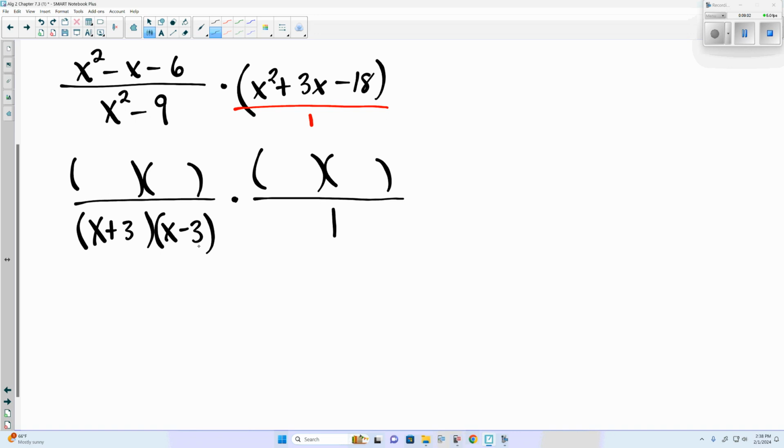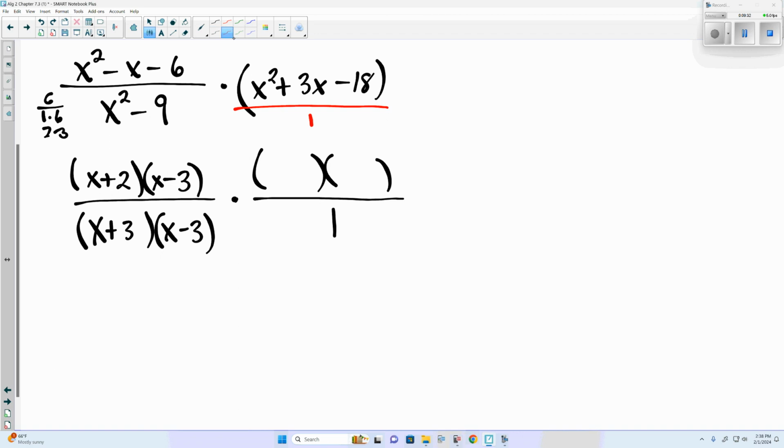Which one do we want to look at next? X squared minus x minus 6. Since the third term is negative, our signs are opposite. Factors of x squared are x and x. Now factors of 6, 1 and 6 or 2 and 3. 2 and 3.